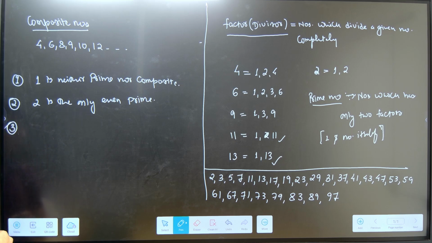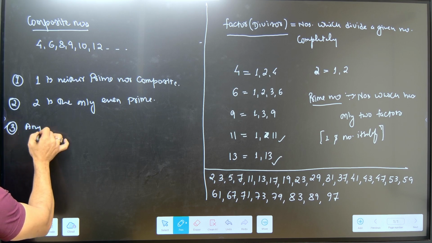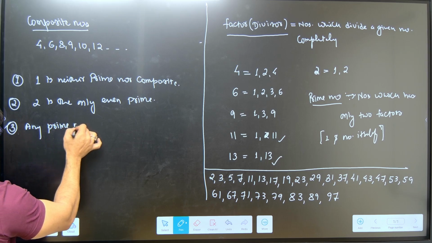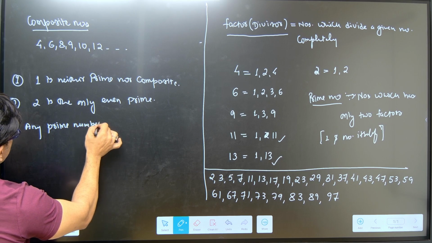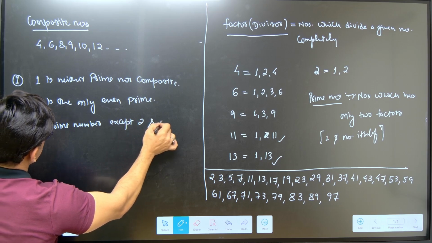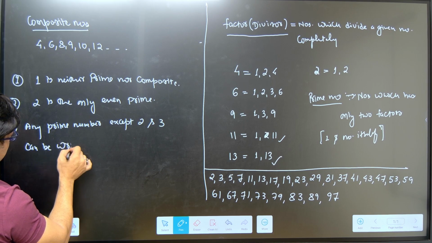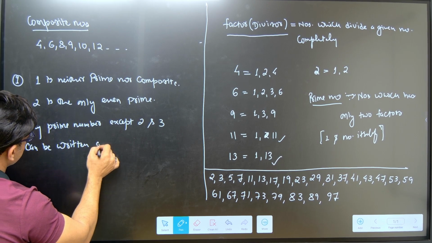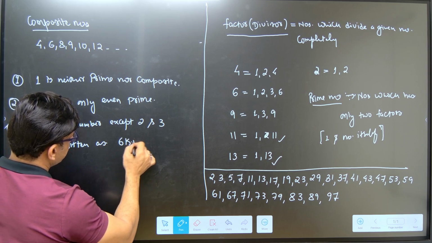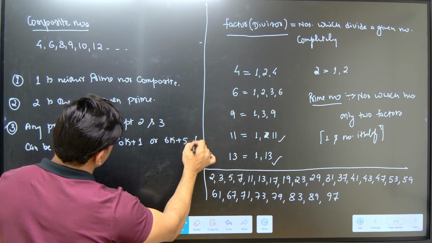Third, any prime number except 2 and 3 can be written as 6k plus 1 or 6k plus 5 form.